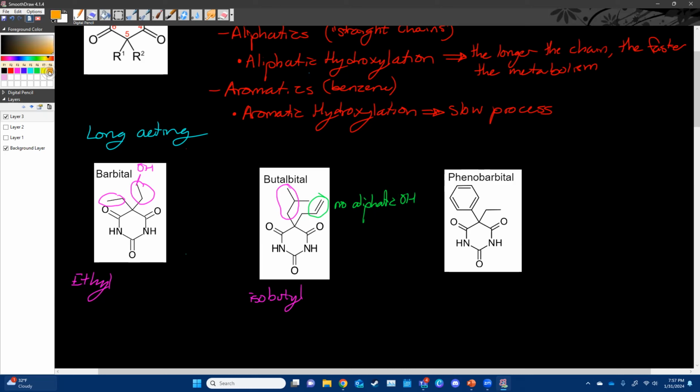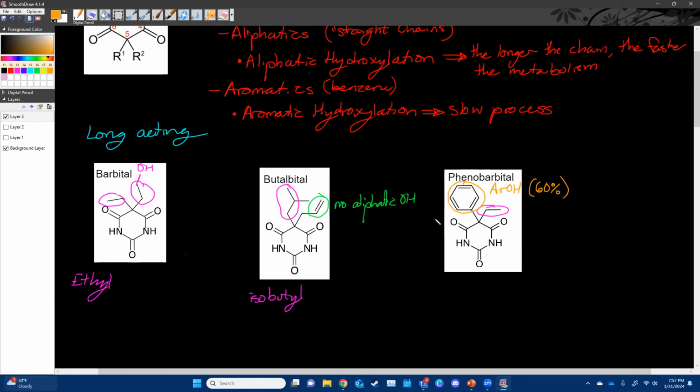And then finally, with phenobarbital, again, we're utilizing that ethyl group. And here we have our aromatic hydroxylation, but it should be noted that only 60% of the time it's going under aromatic hydroxylation.